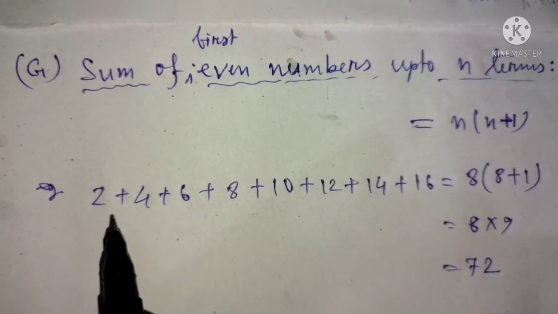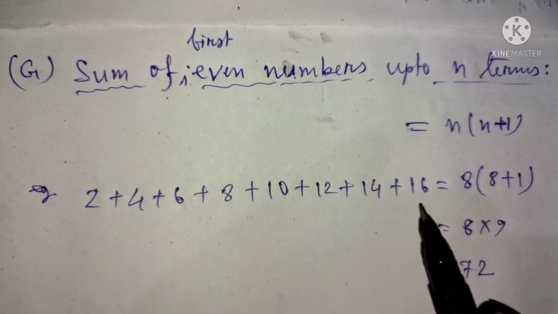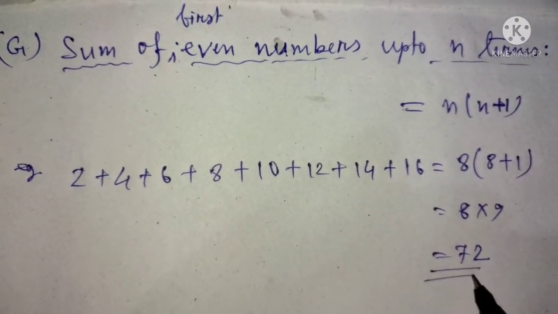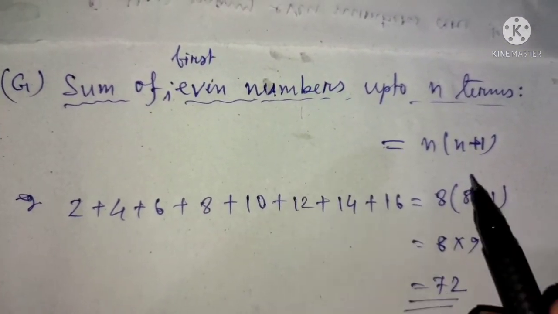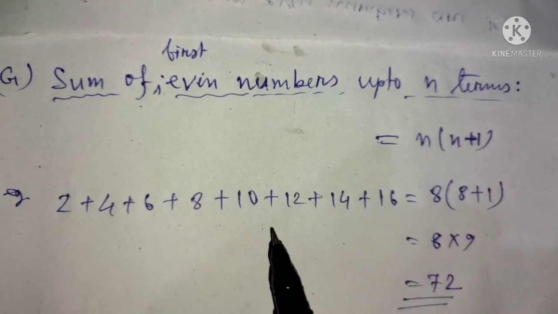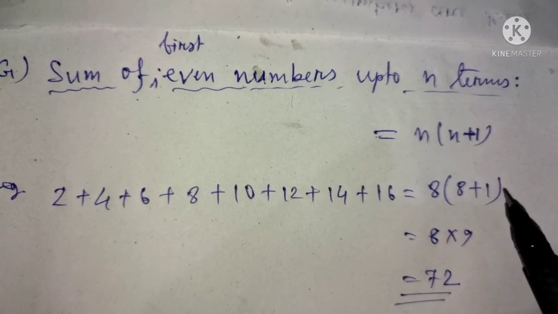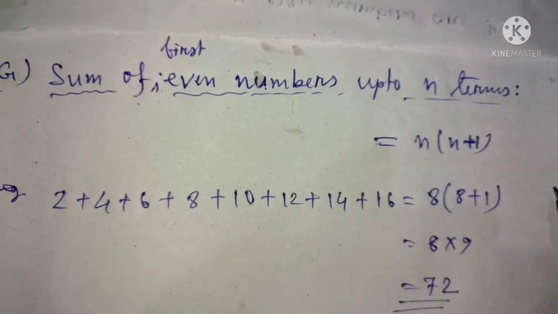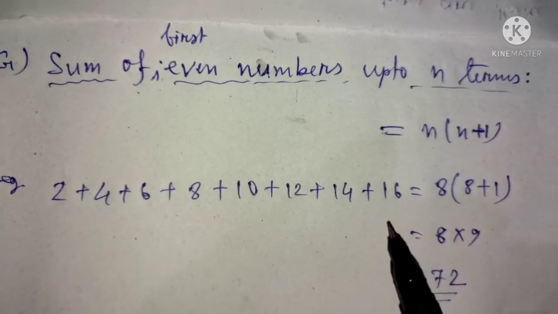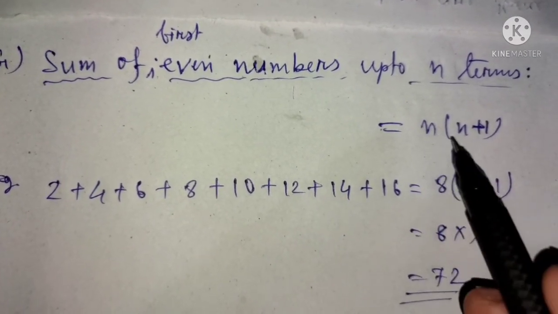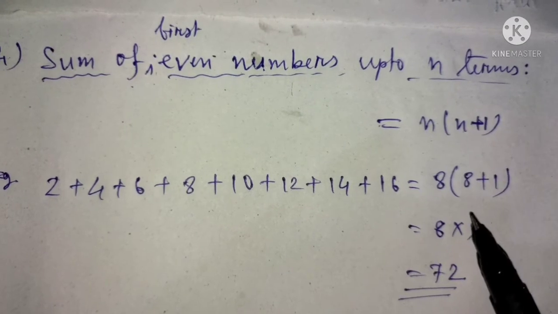That means the sum of all these even numbers from 2 to 16 consecutively is 72. So by using this idea you can calculate the sum very easily. It may be more, that means plus 18 and plus 20 plus 22 plus 24, maybe many more. Then also you just count the even numbers and then use this formula and calculate easily.